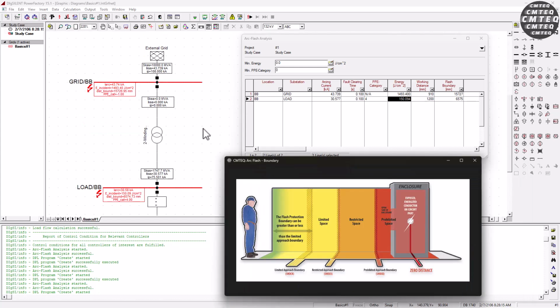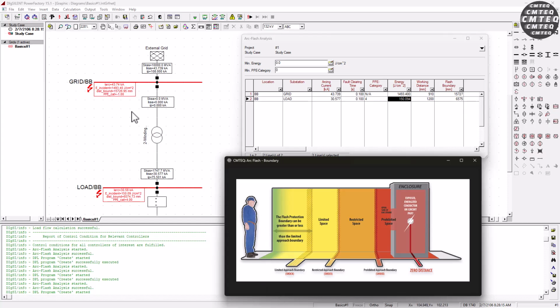Great. So the bottom line here is that if you know what your incident energy is, your arc flash boundary, which defines the distance at which the incident energy drops below 1.2 calories per centimeter square, which then is the entry level, then your PPE category is going to be either 1 or not applicable.